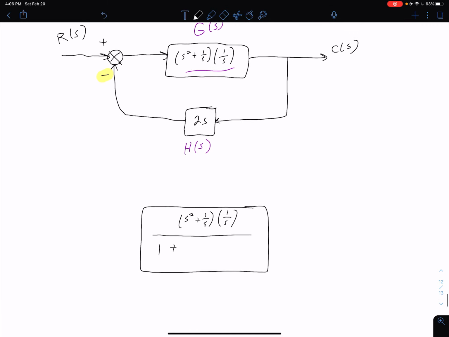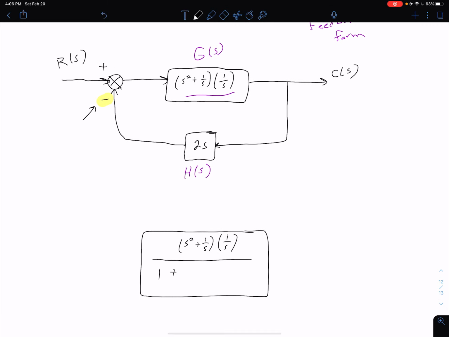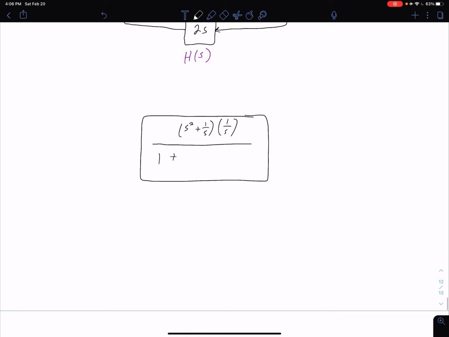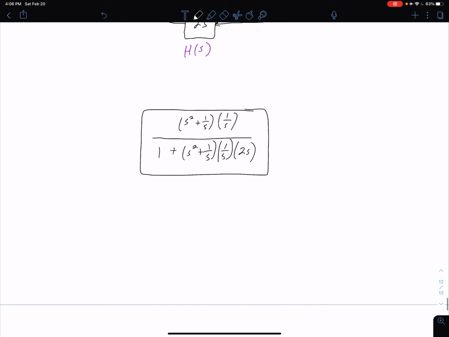And remember, we want to use plus because we had negative feedback here. So plus G times H. So G is S squared plus 1 over S times 1 over S, and then our H is just 2S. All right, and so that's our single block. So we have R of S times that gives us C of S.